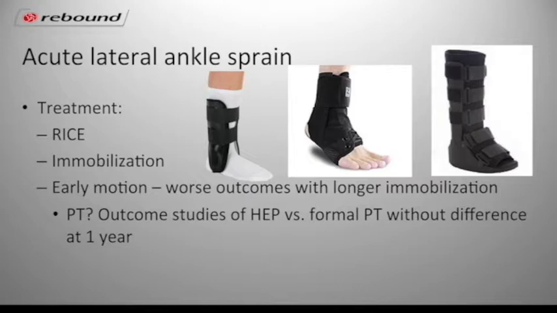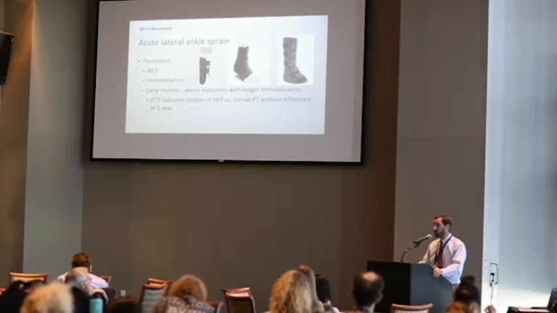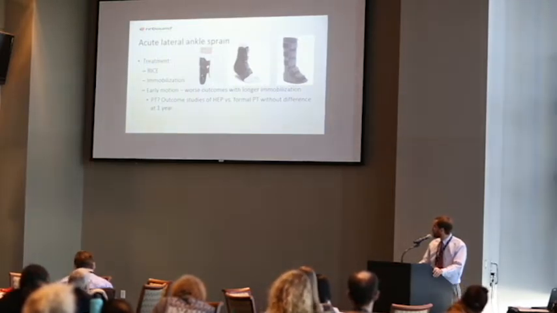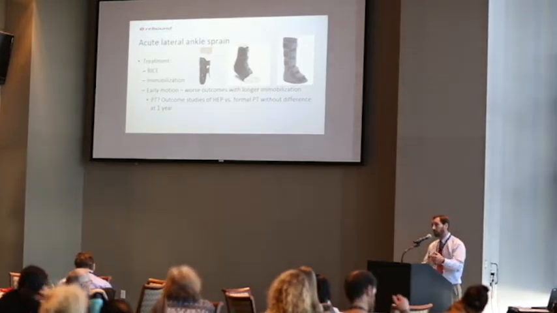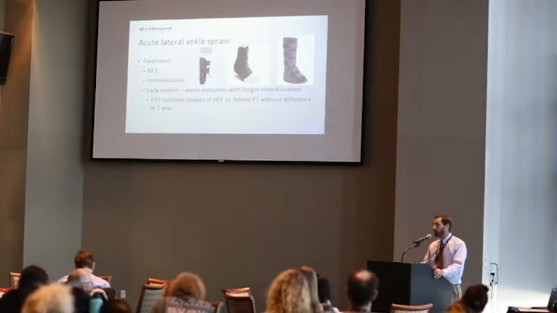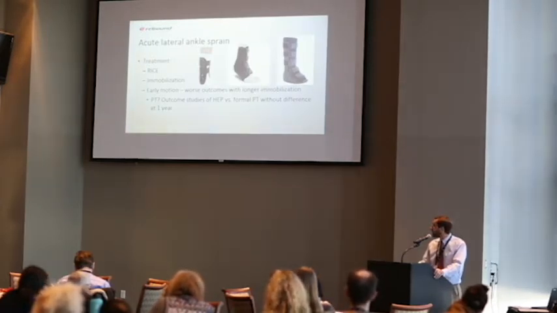Even when they're in a boot, I tell them, come out of that thing at least a few times a day to move your ankle around. It's not going to cause more damage to the ankle, but certainly keeping it immobilized for longer will. I tend to use these lace-up braces most. I think they provide stability, but also people can generally move their ankle a little more than the other ones. Now, what about the role of physical therapy in an acute ankle sprain like this?